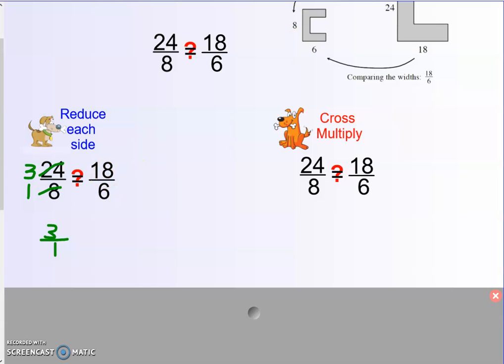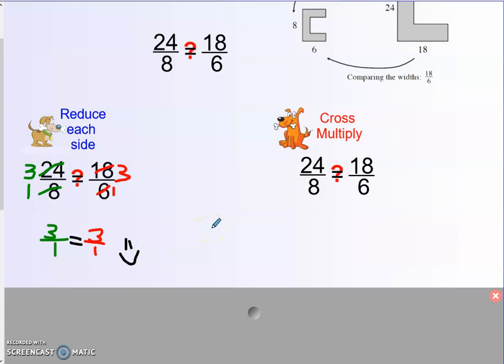On the right, I know that 6 goes into 6 one time, and I know 6 goes into 18 3 times, and so the fraction on the right is also 3 over 1. And if those are equal, then yes, it is a proportion. I'll make a little smiley face.